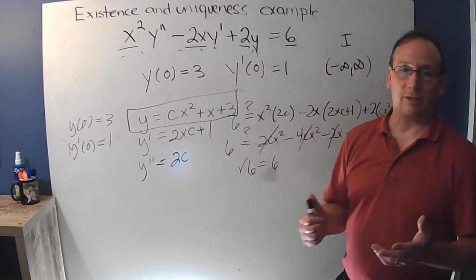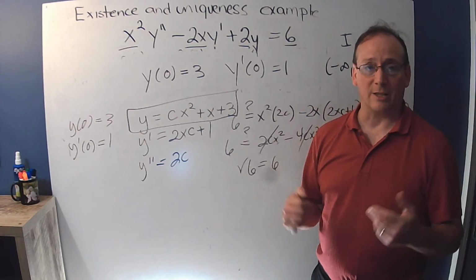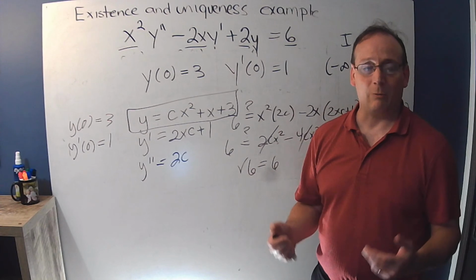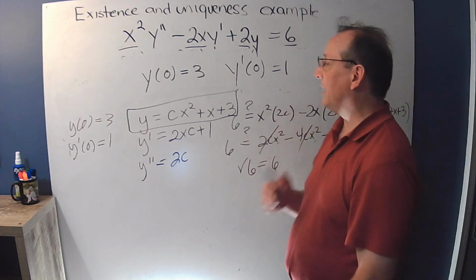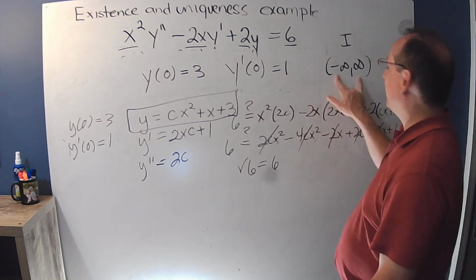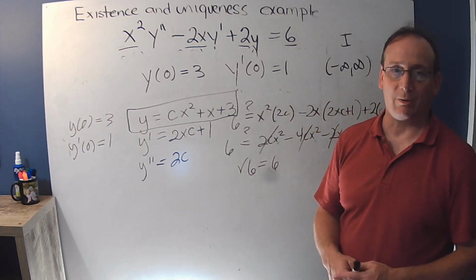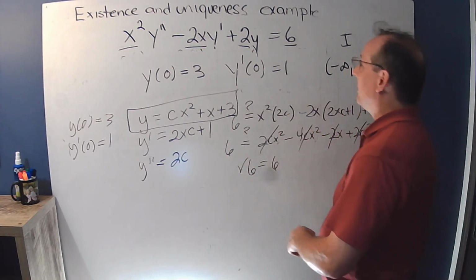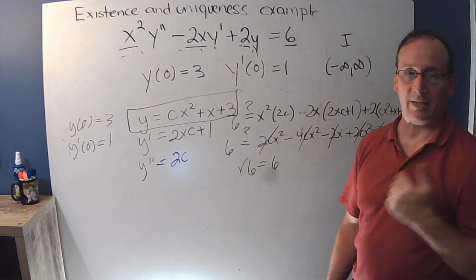So the theorem guarantees that there's supposed to be a solution and it's supposed to be unique. So what went wrong? Why did we run into this? Well, we ran into this precisely because we picked an interval that contains 0. What's the problem with 0? Well, these functions are all certainly continuous on this interval. That's not the problem.